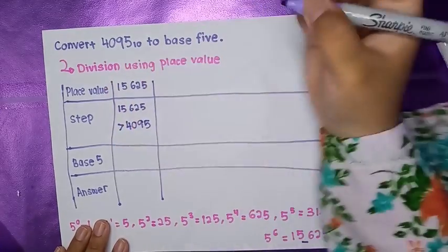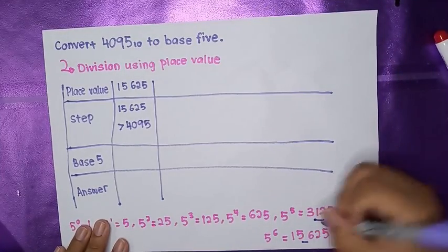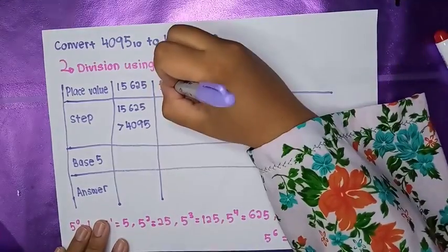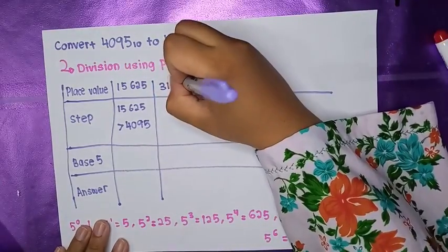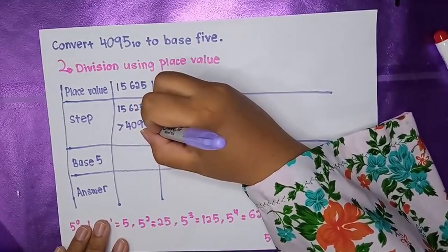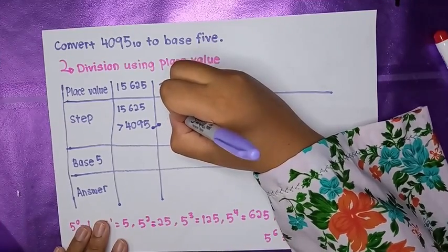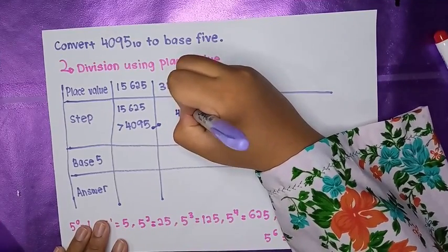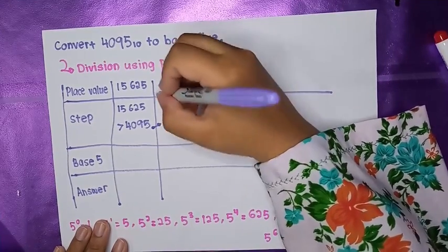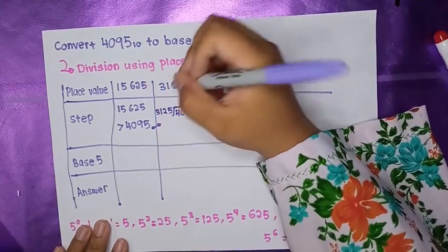And then the second place value we're gonna put here, 3125. This one we move to the next box. Write down 4095 and then we divide it with this place value, 3125.